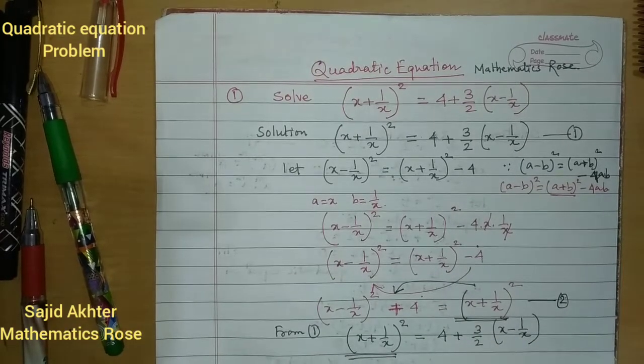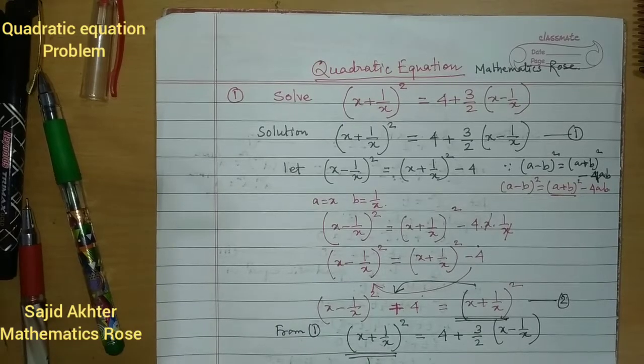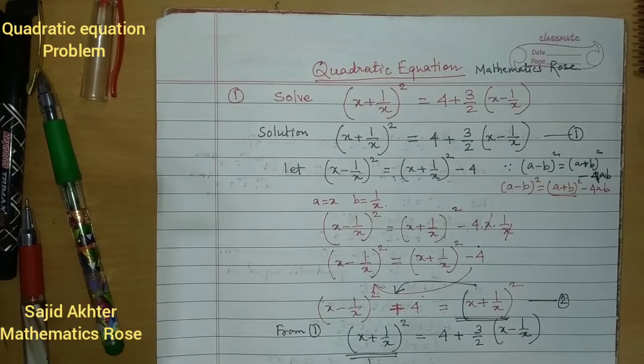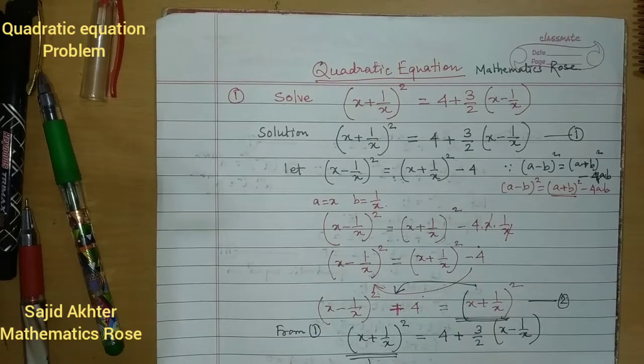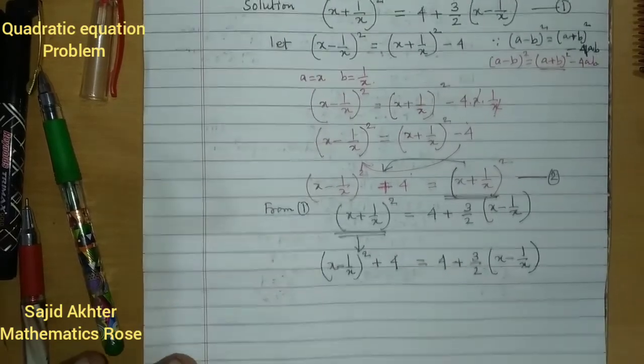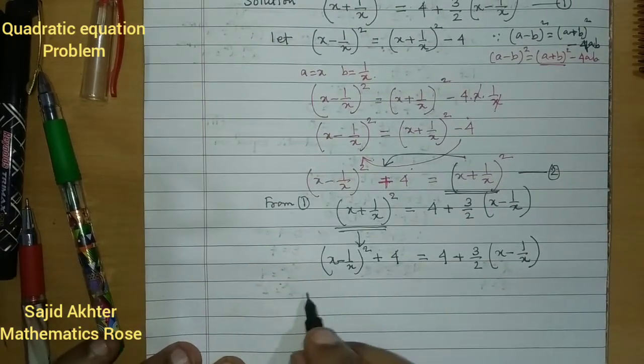So in place of this I am substituting (x minus 1 by x) whole square plus 4, and this is equal to 4 plus 3 by 2 into (x minus 1 by x). So up to this you will understand.